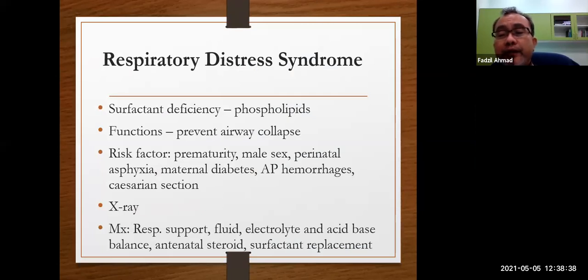The other thing is the history: mother has fever, mother has UTI, mother's swab shows strep, then it is likely due to infection, congenital pneumonia.